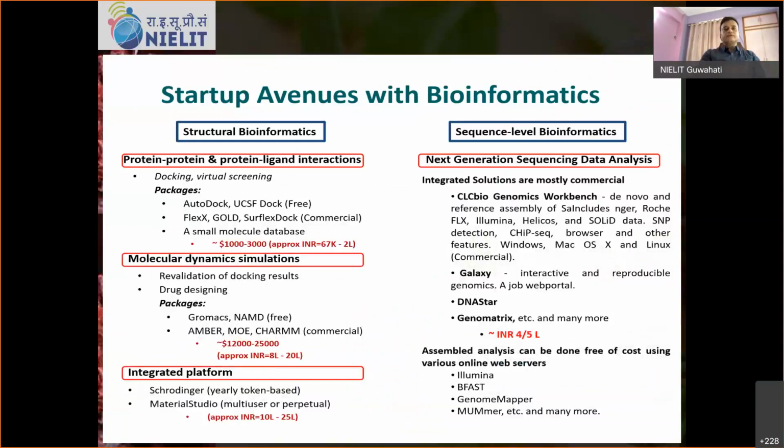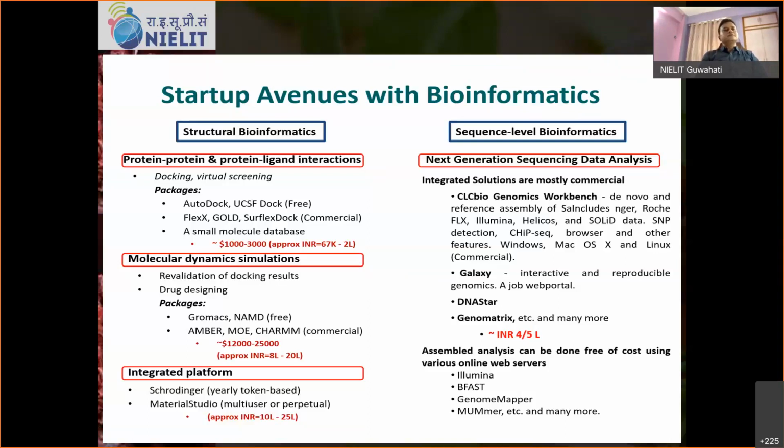For software requirements, for almost everything in informatics-based drug discovery, almost everything is available free of cost. If you go to the citations of drug discovery software, you will get the highest number of citations for AutoDock, meaning most researchers have used AutoDock.